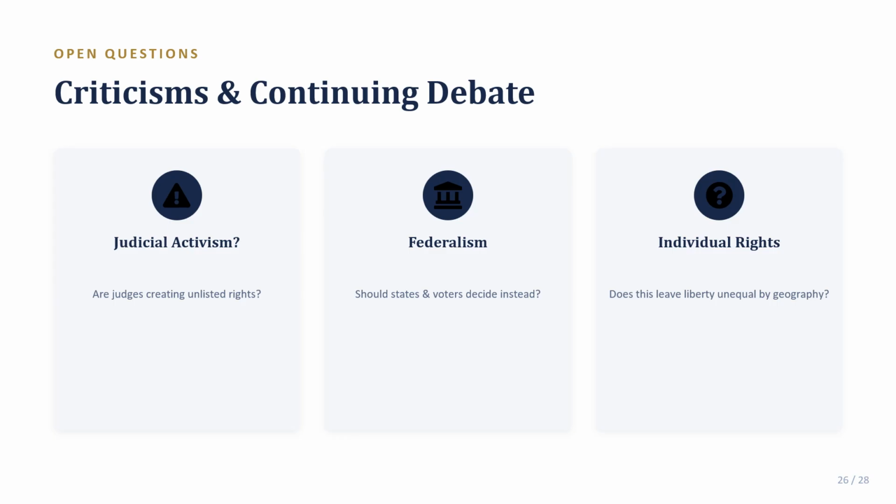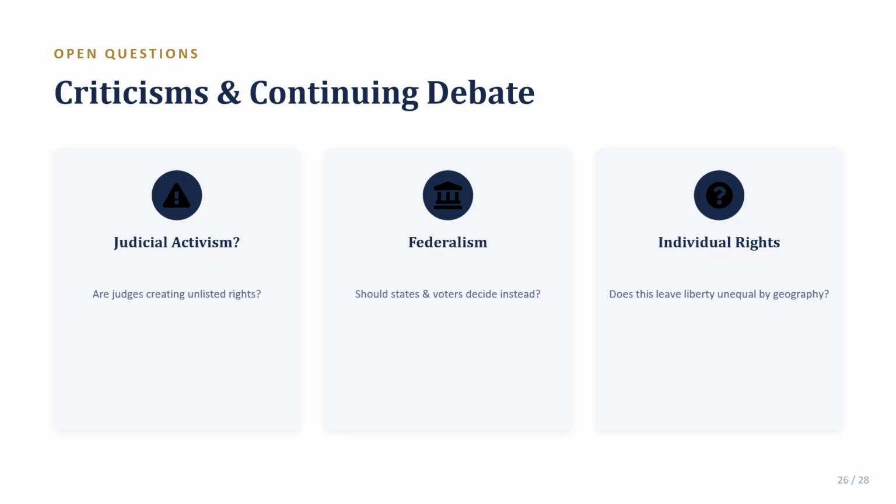And they did that with Dobbs as well, from the opposite direction, and against a range of other cases that are entirely unrelated to today's topic at all. But it's a recurring critique in constitutional law generally speaking, not confined to just abortion or right to die doctrines specifically. Federalism. Should states and voters decide these questions instead of federal courts?